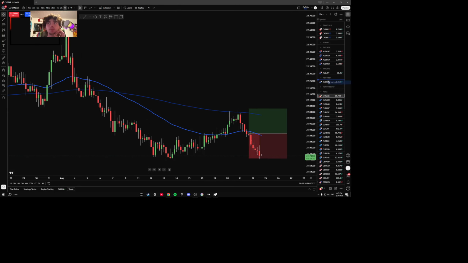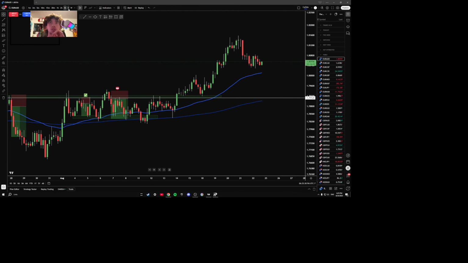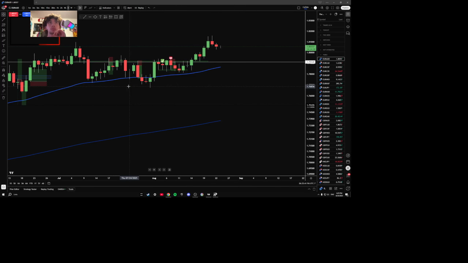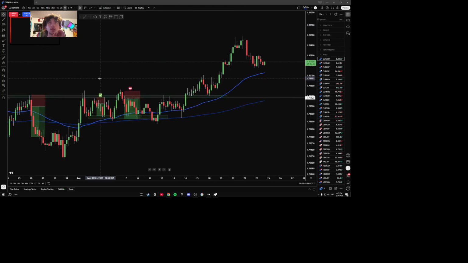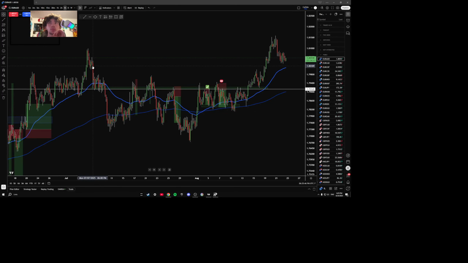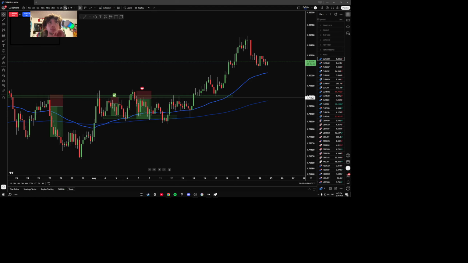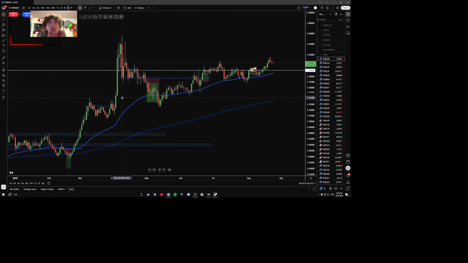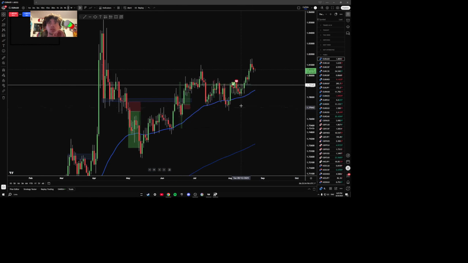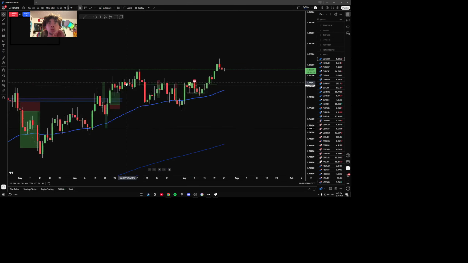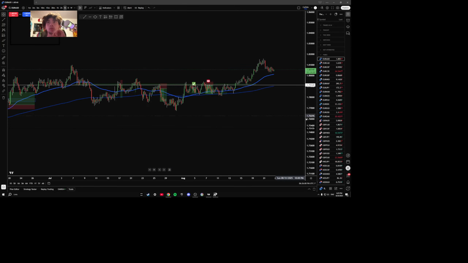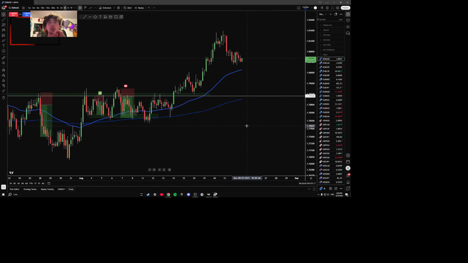Don't like this pair. Euro AUD. We're waiting for the retest. Good 4 hour. Don't really think it's a daily area of interest. Not a clean one. Also a lot of messy price on 4 hour. Not interested. Euro CAD.